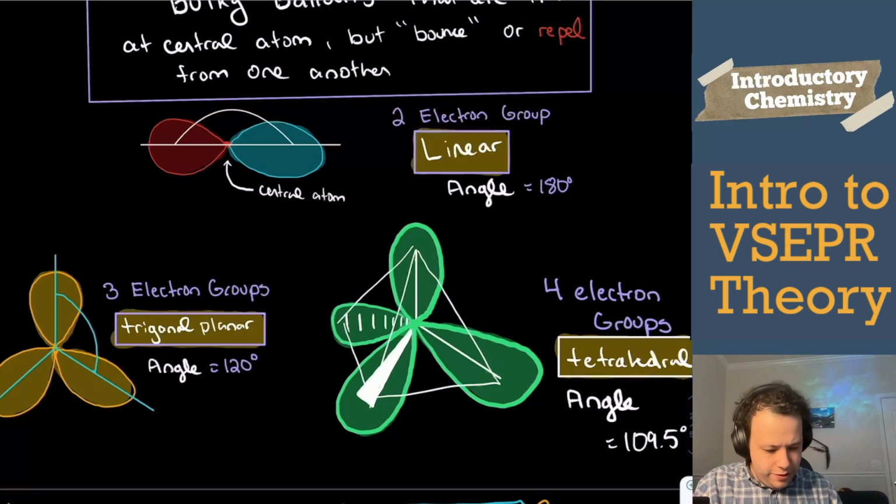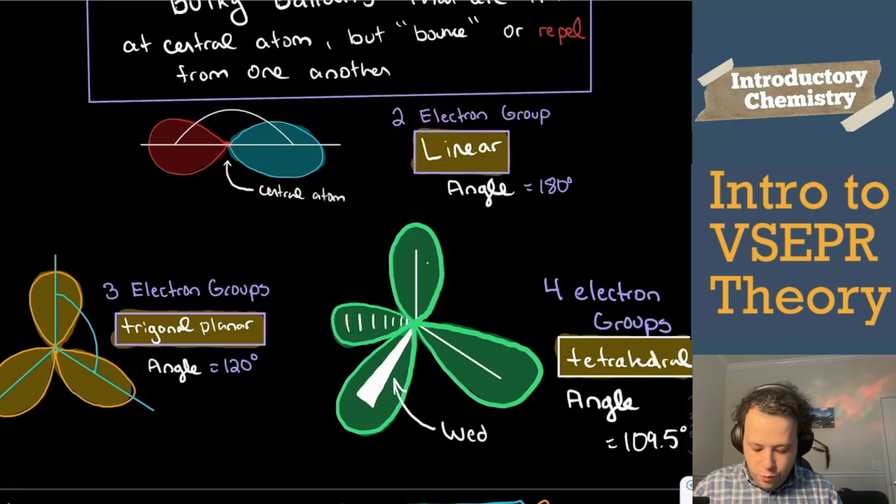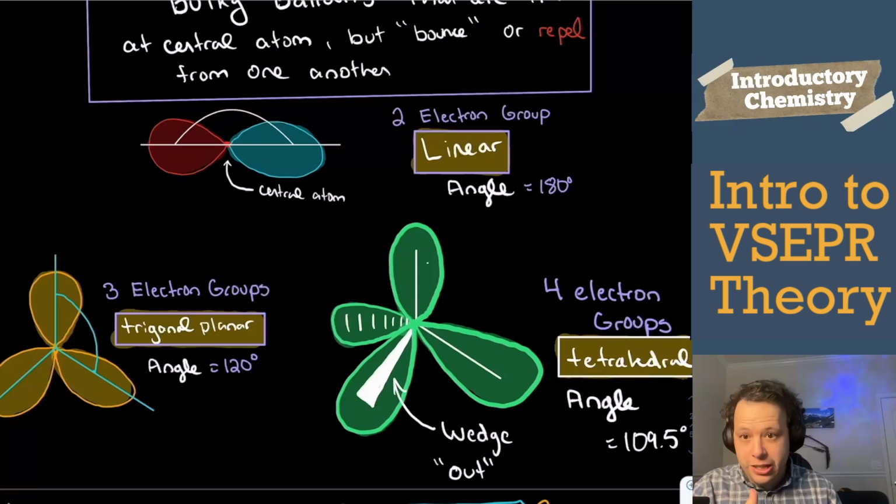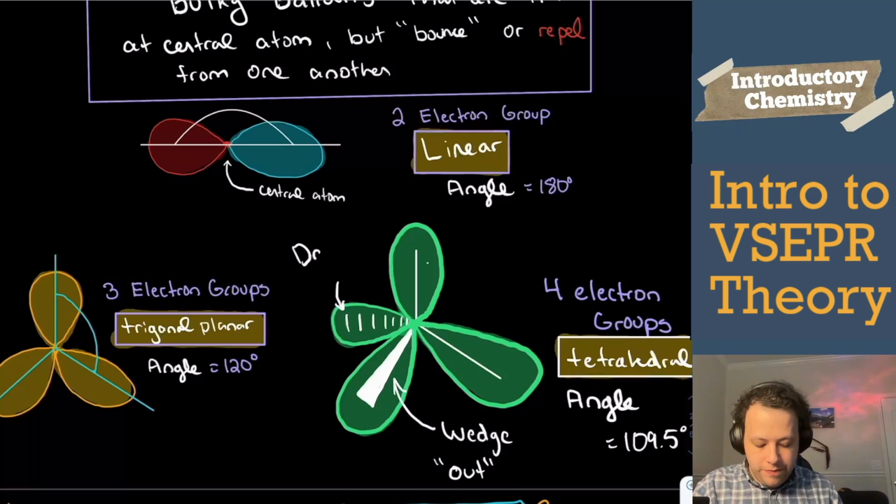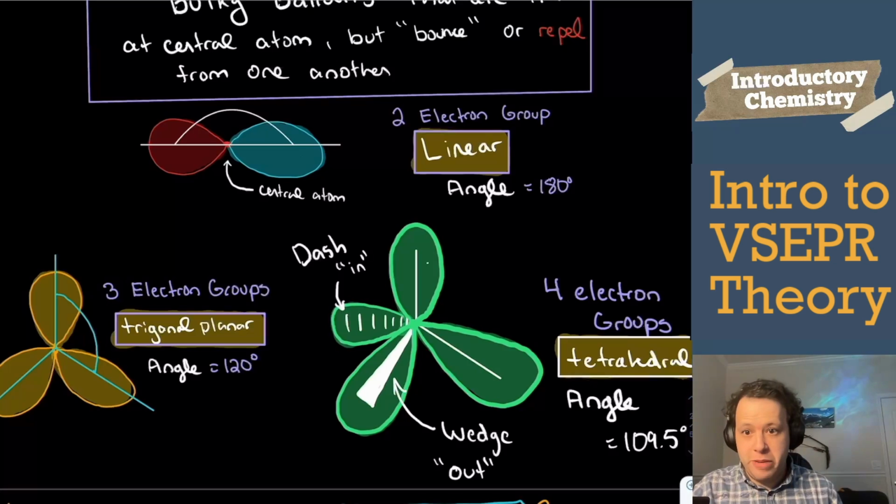Now, if you didn't notice, there are some weird symbols being shown here. What do all these represent? We have this bold line. This is a wedge. This is telling you that this balloon or this atom is coming out at you, out of the screen and towards you. Where I have these dashes, they're going behind your monitor or behind your phone right now, going away from you.